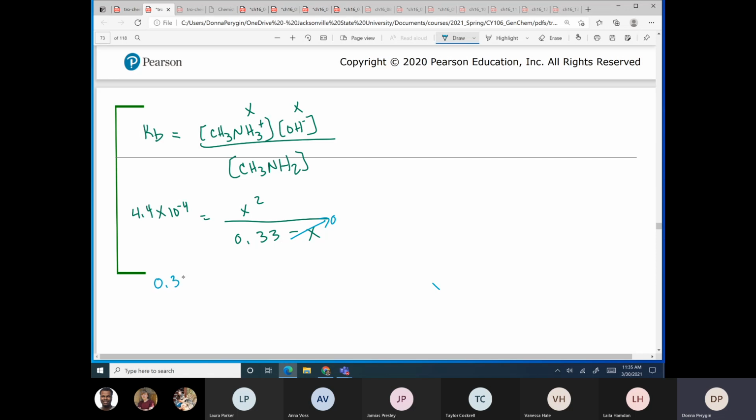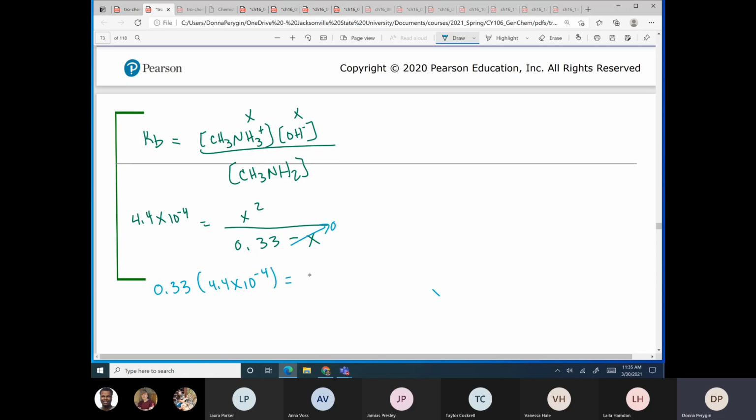We can say that 0.33 times 4.4 times 10 to the minus fourth is equal to X squared. So X is equal to the square root of 0.33 times 4.4 times 10 to the minus fourth. That's equal to 0.01205. Now I know that X was that, and that's also equal to the hydroxide ion concentration.